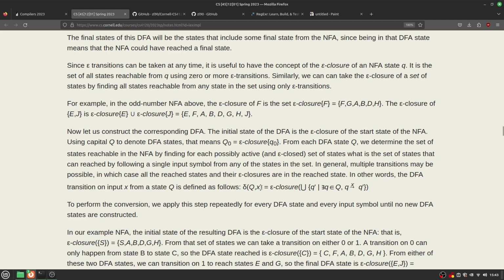Delta of state Q and input X equals the empty string closure... I'm going to need to see an example of this.